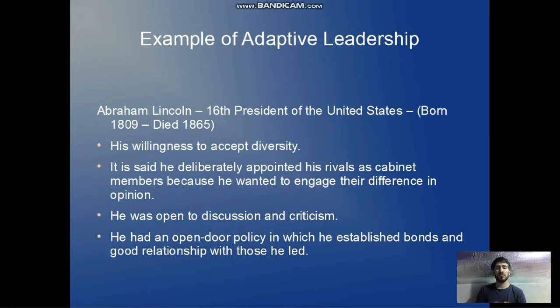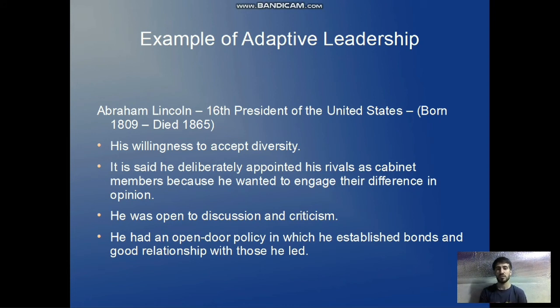Also, a good example of adaptive leadership is Abraham Lincoln, the 16th president of the United States. He was willing to accept diversity, and it is said that he appointed his rivals as cabinet members because he wanted to engage their differences in opinion and have their point of view.